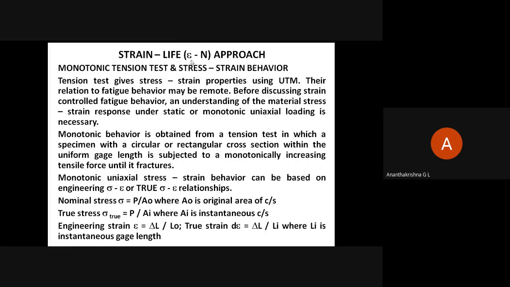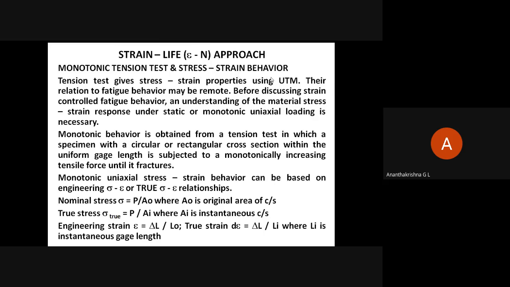Before we go to the strain life approach, so far what we have learned is stress versus number of cycles, the SN curve. Now it is going to be the strain versus number of cycles approach. For that to be understood clearly, we need to look at the monotonic tension test stress strain behavior. This again is the stress strain diagram that we learned in our MT lab during the tension test.